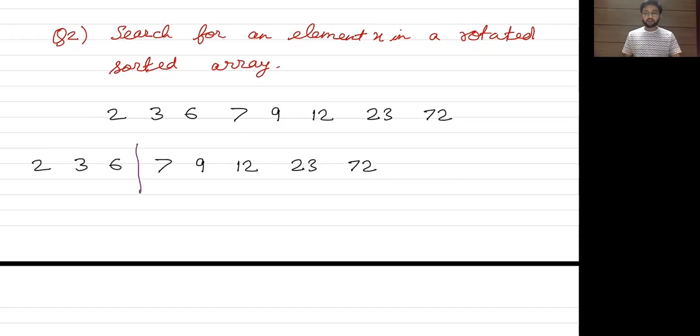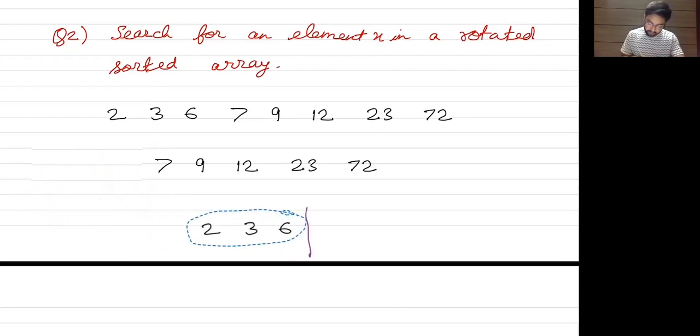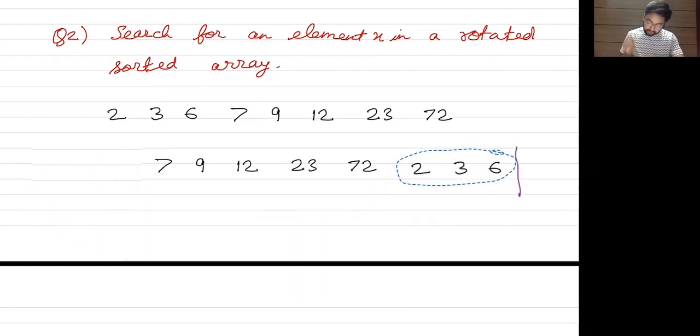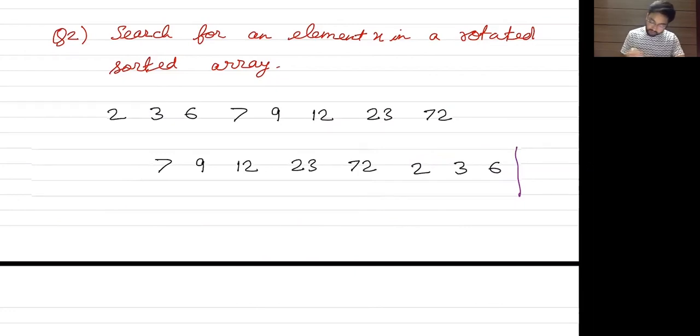A rotated sorted array is, if I break this array into two subarrays and then I rotate this first subarray like this, then this becomes a rotated sorted array.